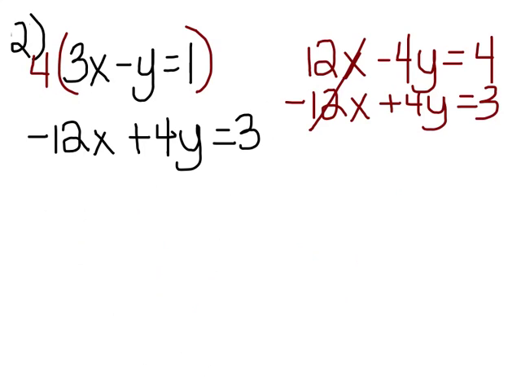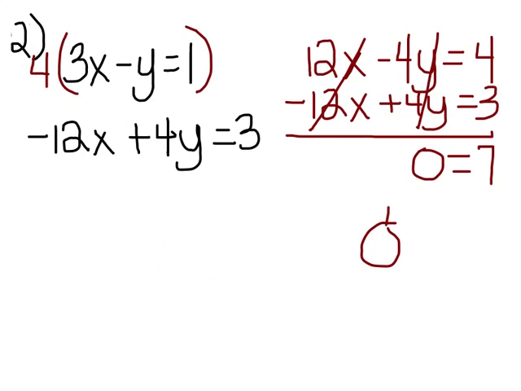That's 0. Negative 4y and a positive 4y crosses off. So on the left side of our equation, we have nothing. On the right side, we have positive 4 and positive 3, which is 7. Remember that when all of our variables cross off and we have a false statement, our answer is no solution.